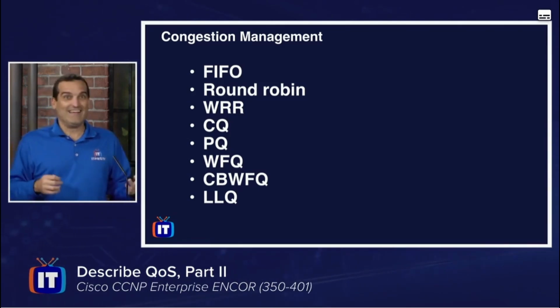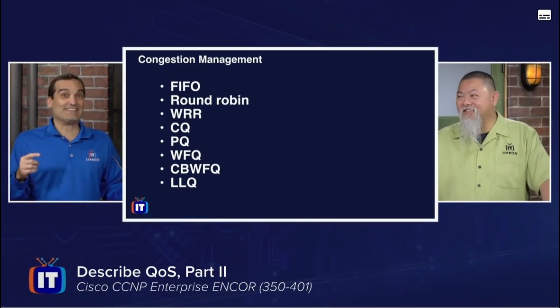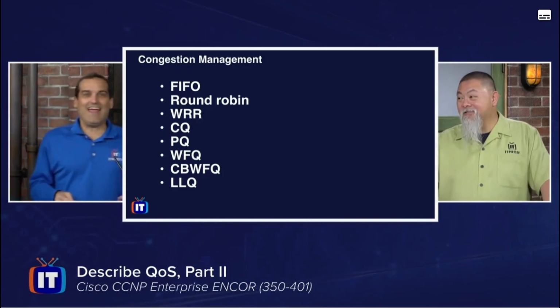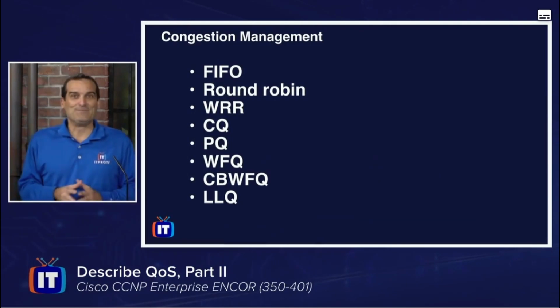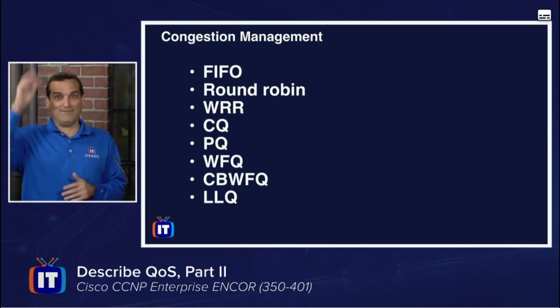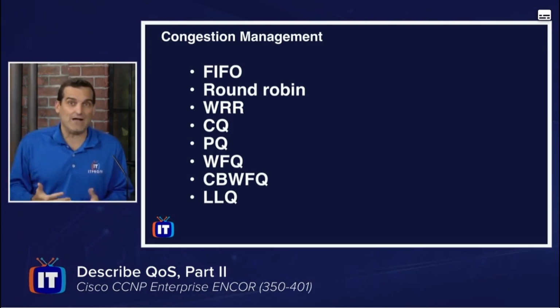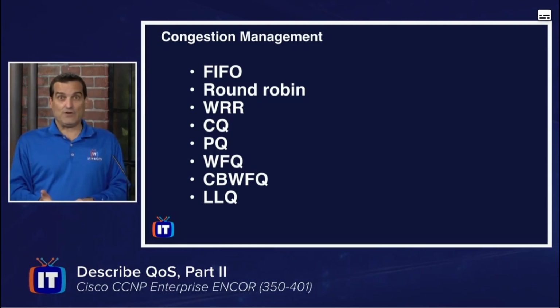That next to last one is killing me. The next to last one? Yeah, class-based weighted fair queuing. Yeah. And here's the deal. We don't do any of the early methods anymore. The whole world really comes down to class-based weighted fair queuing or low latency queuing. And really, it's as simple.